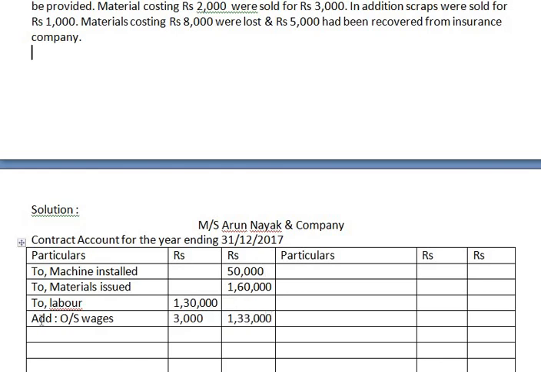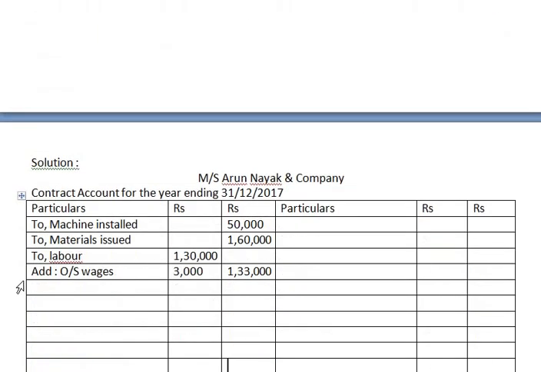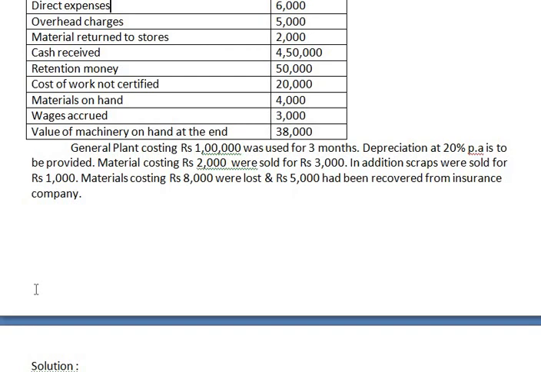Okay, now again go through the problem. Direct expenses, there is no adjustment for this. To direct expenses, amount to the outer column 6,000. Again go through the problem.